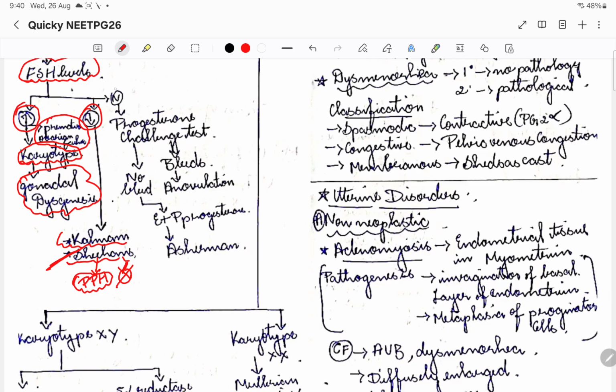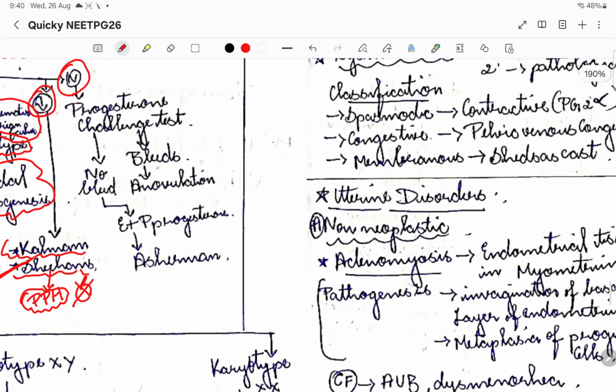Now suppose the FSH is normal, but still menstruation is not happening. That is when we'll do the progesterone challenge test. We give progesterone and see whether bleeding will happen or not. We are creating a withdrawal effect: we give progesterone, and after a certain period the progesterone level reduces, so the bleeding should happen. Progesterone withdrawal.